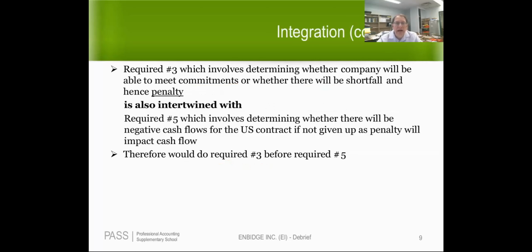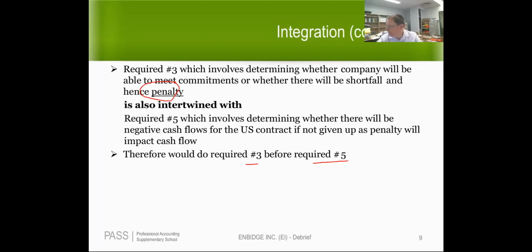Okay. Also, number 3 and number 5. What am I talking about? Well, if you have a shortfall, guess what happens? You get a penalty. I actually said exactly this point this morning, and I didn't even think of this when I said it. You have a penalty. What does that go into?